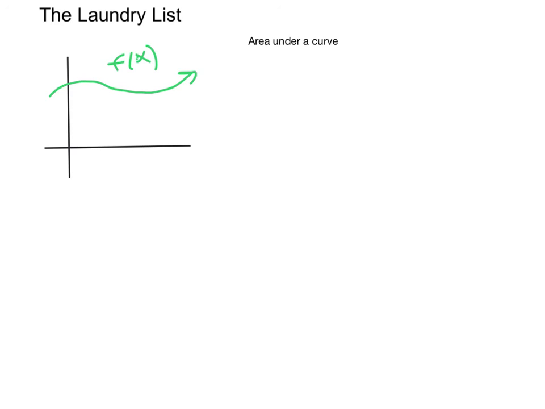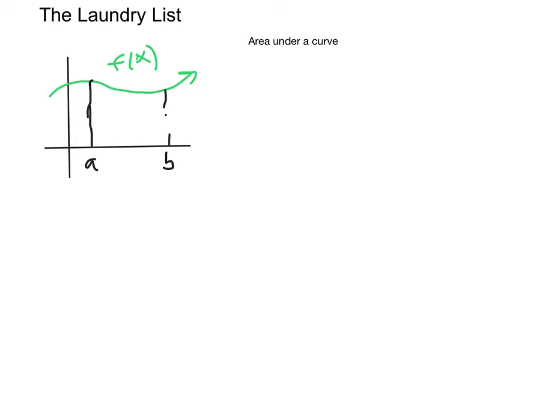And so start your laundry list and title this area under a curve. And then we're drawing a graph. You can see my curve on here called f of x, right? And we're going to divide the area under the curve here. This will be A, this will be B, right? So we're going to find the area between the curve and the x-axis from A to B, right?